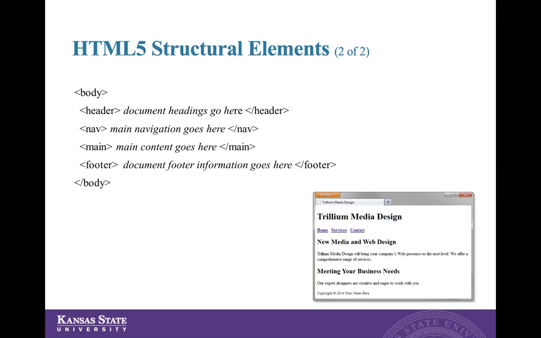Then we get into the main section of the site, where we have new media, web design, and then some text. That's probably an H1 or an H2 header with a paragraph element. And at the very bottom, in our footer section, we have our copyright information. A lot of times we'll put an email us or an email address down there as well. All right.